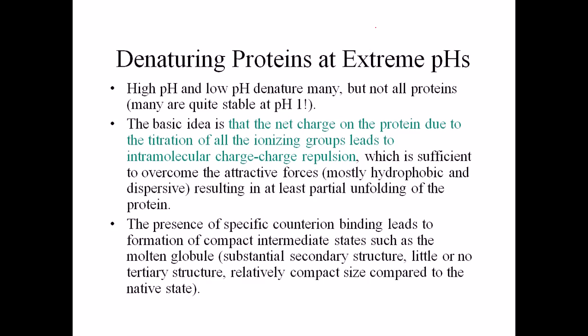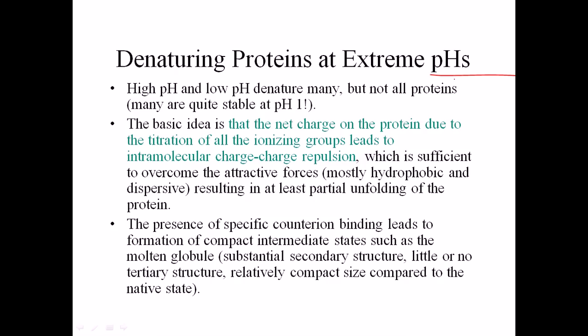Now what are the different things that can unfold a protein, that can make a protein unstable? First thing is pH. Extreme pH can make a protein unfold, because the net charge of the protein, due to the titration of all the ionizing groups, leads to intramolecular charge repulsion.